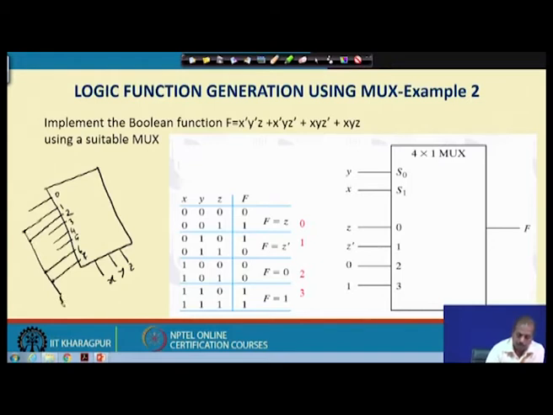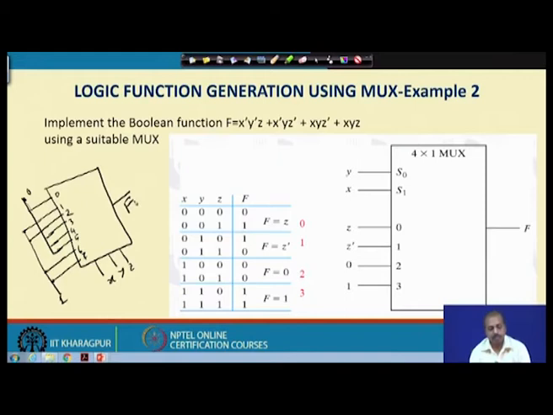And 0, 3, 4 and 5 should be tied to low. So, I take these lines and tie them to low, so this is made 0. This is my function, this is my f.